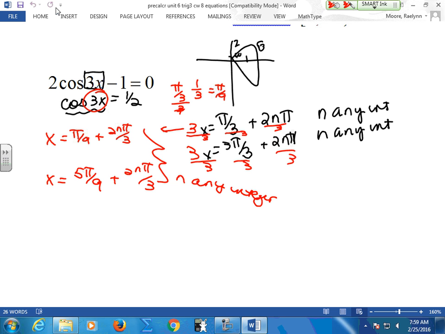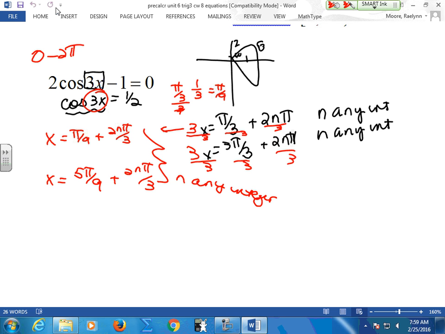Now, here's the tricky part. From 0 to 2 pi, I need to make myself go here and keep adding 2 pi over 3 until I reach 2 pi. So I need to take my largest denominator and convert everybody to the same denominator.